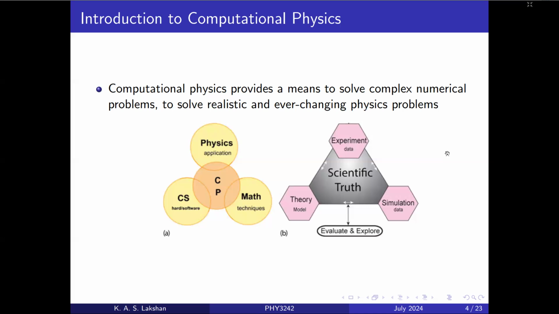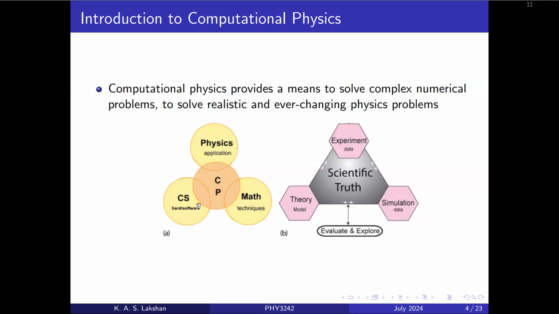Once we have a certain simulation or computational physics program, then when the physics problem changes, by changing certain variables and other parameters, we can obtain new results.